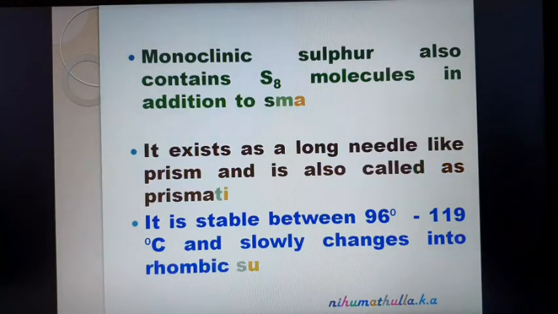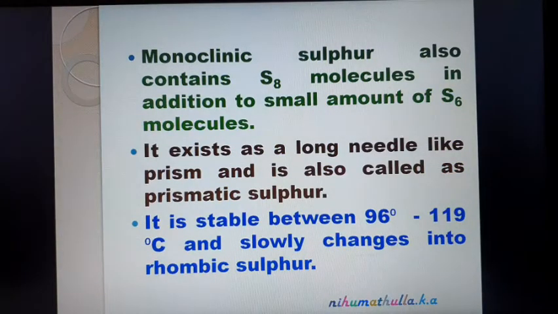Monoclinic sulfur also contains S8 molecules in addition to a small amount of S6 molecules. It exists as long needle-like prisms and is also called prismatic sulfur.